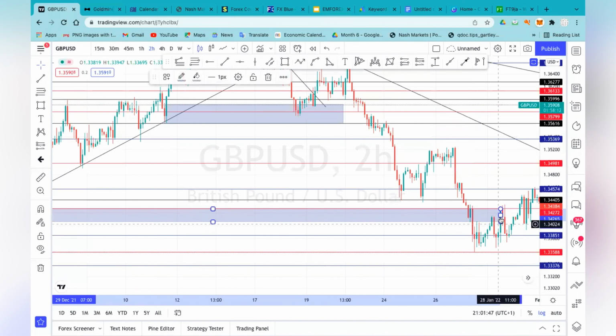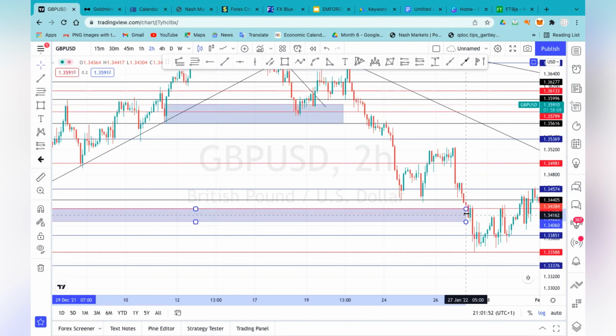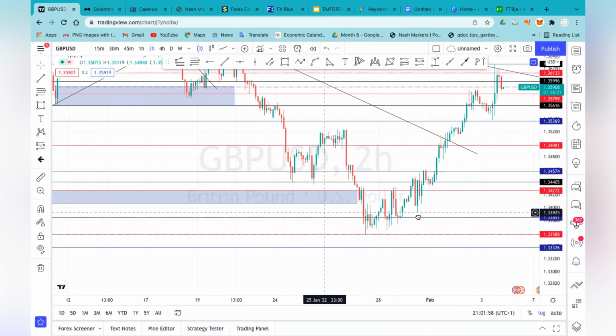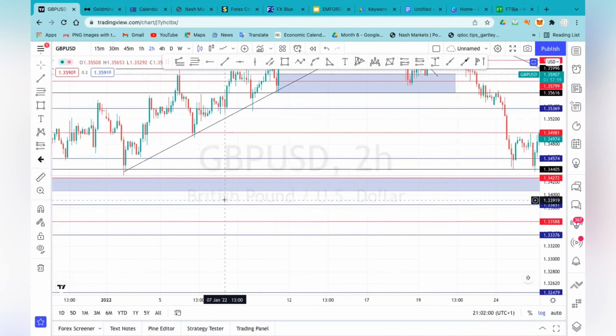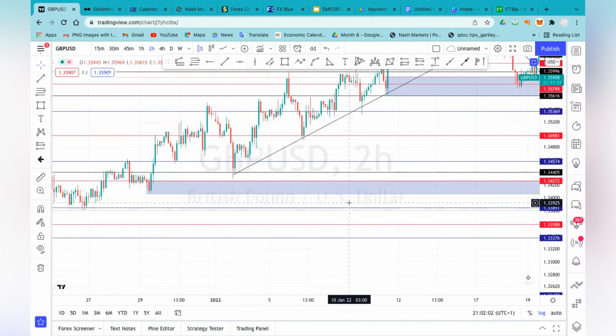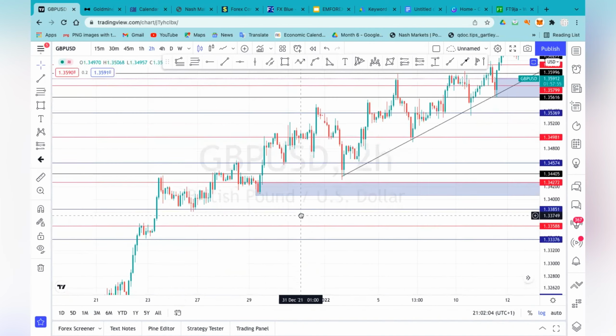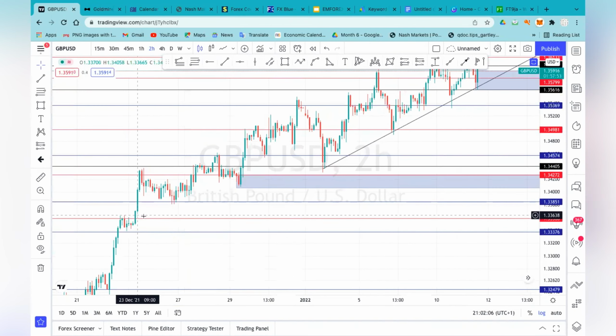There was nothing really here, but it just reacted slightly here. You can see that bullish momentum tried to come in, but the bears still held the market. Okay, so the next thing it did was to go down to the next zone, which is also this one here.